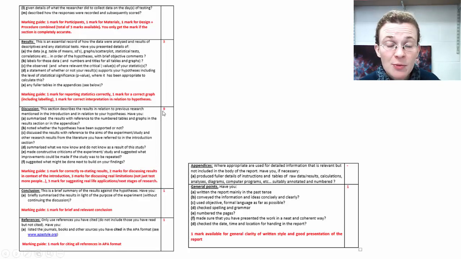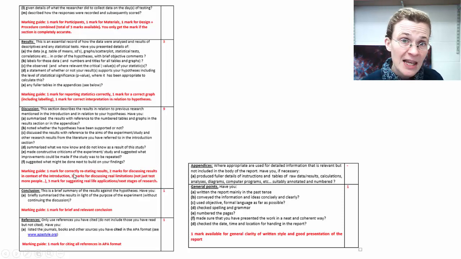So then the most marks will come from the discussion. That weighs the heaviest. You need to correctly restate your results, discuss them in the light of the introduction, relate them back to the references there. Then you get 3 marks for discussing the limitations. So that's the criticisms of your own study.